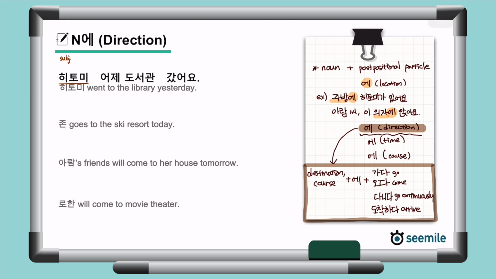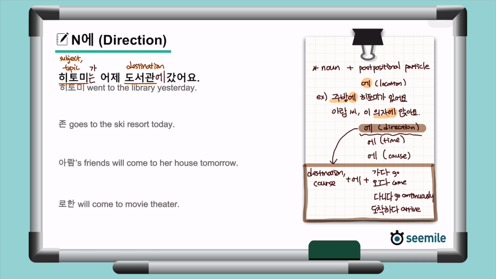Hitomi is the subject of the sentence since she is the one who's doing the action of going to the library yesterday, and at the same time we can say that Hitomi is also the topic of the sentence, so let's add 는 or 가 after her name. Next, 도서관. It's the destination where Hitomi went yesterday, so let's add the particle 에 after that word. So the full sentence reads 히토미는 어제 도서관에 갔어요.